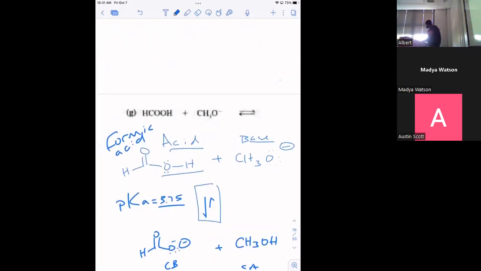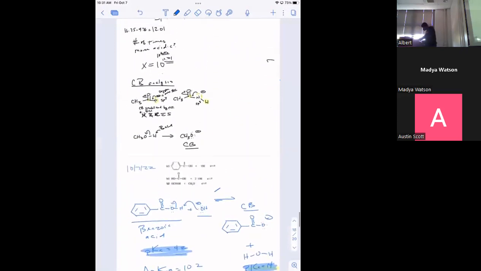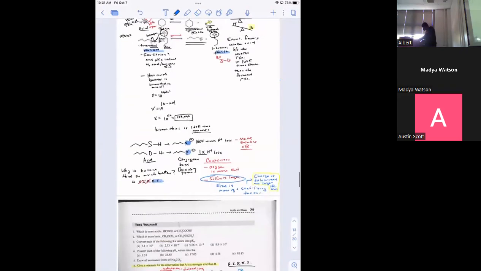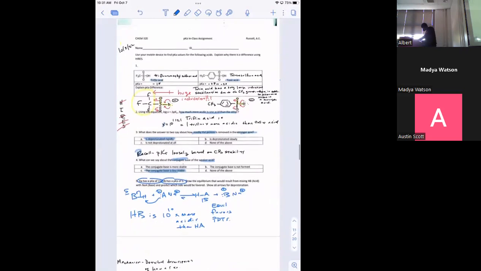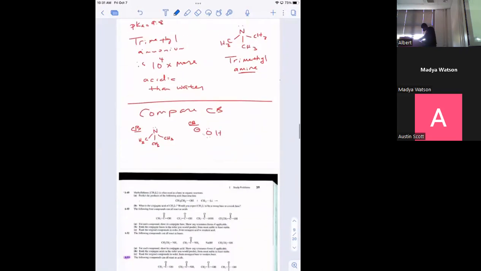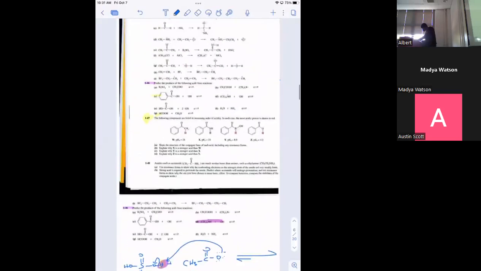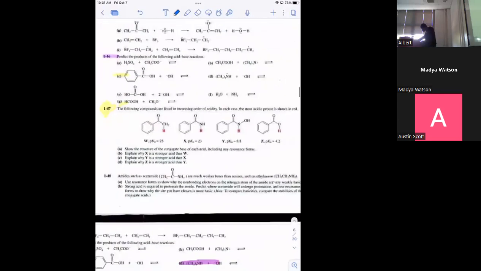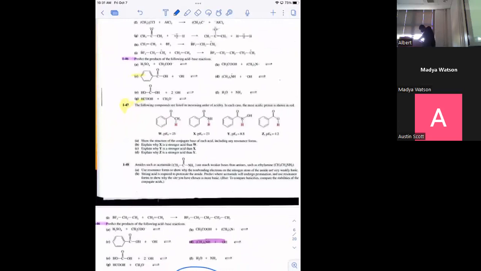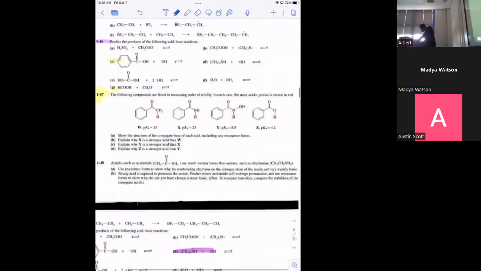All right, let's go up to this question up here. Not a hard question, but it's a detailed question. Right here, 147. It says the following compounds are listed in increasing order of acidity. In each case, the most acidic proton is shown in red.